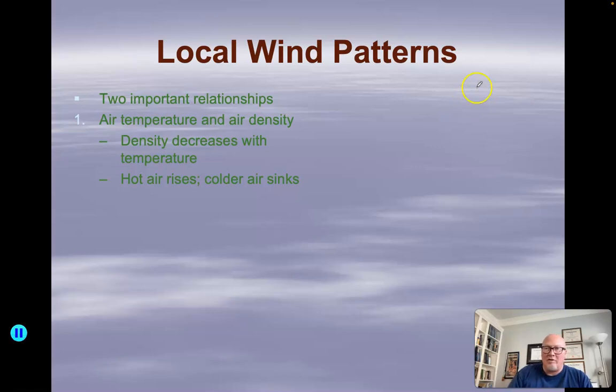And all of this is getting right back to our convection pattern. Hot air becomes less dense, and so it rises. So hot air is less dense, cold air is more dense, so cold air falls, and so you get this constant convection motion. Hot air rises, cold air sinks.